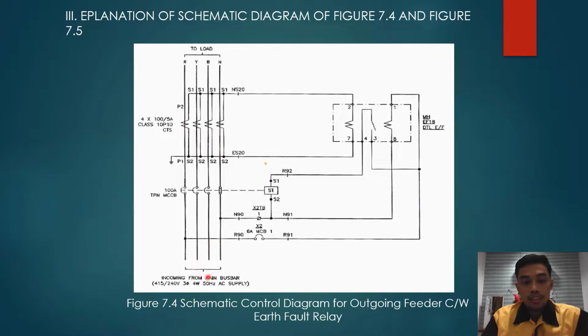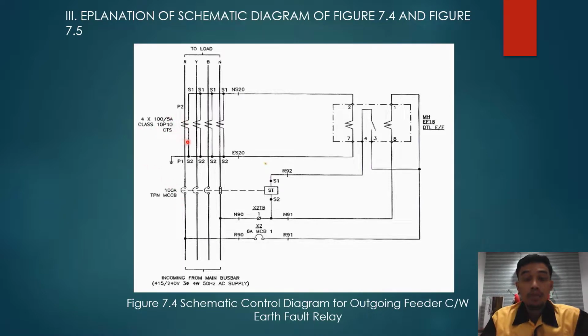Okay. So in order to understand this schematic diagram, we must read it from the incoming supply. You can see here the incoming supply from the main bus bar, for example from TNB, 415 volt 3-phase 50 Hz AC supply. As we can see here, we have a 3-pole neutral MCCB, which is the molded case circuit breaker.